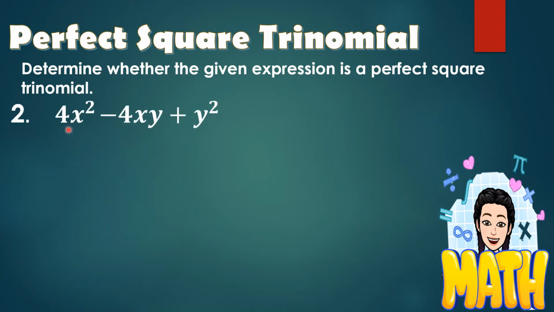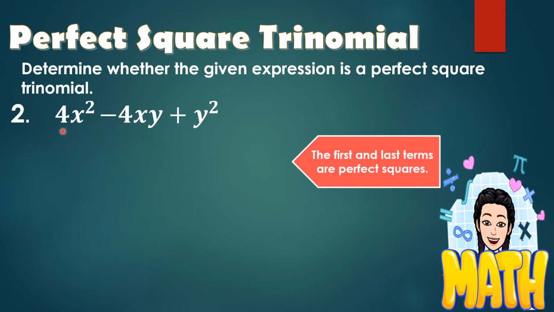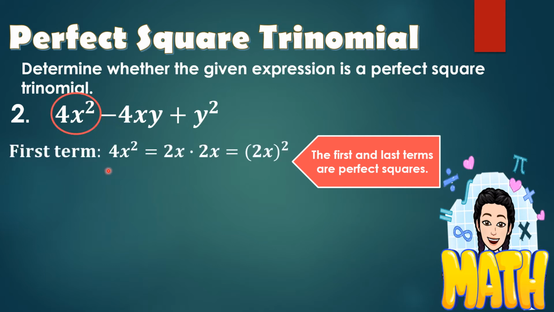Next, 4x squared minus 4xy plus y squared. Again, kailangan nating i-check kung ang first term at ang last term ay parehong perfect squares. Para sa ating first term na 4x squared, pwede natin itong i-express as 2x times 2x.